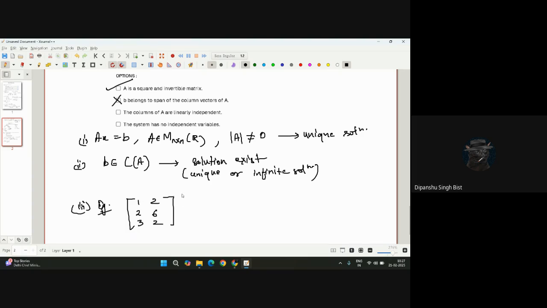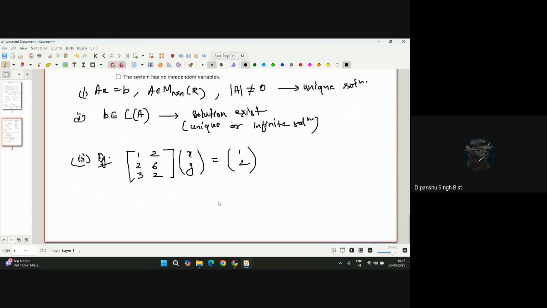So columns are linearly independent, but still if you try to find x, y equal to some 1 comma 2, and try to solve this equation, it is not guaranteed that you will get a unique solution. Even if I take this example where we have x plus 2y equal to 1, then I have 2x plus 6y equal to 2, and then there is one more equation. I'll write it after some time.